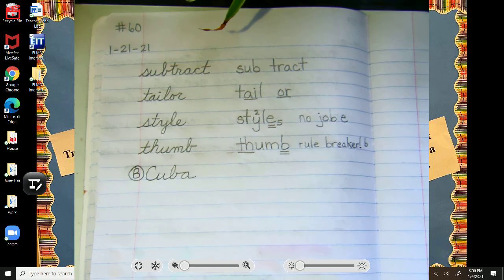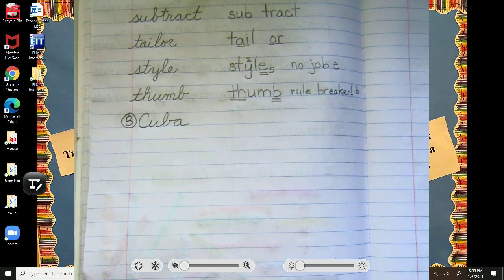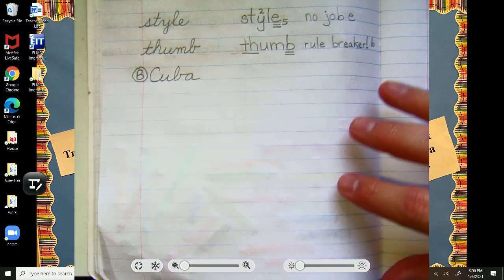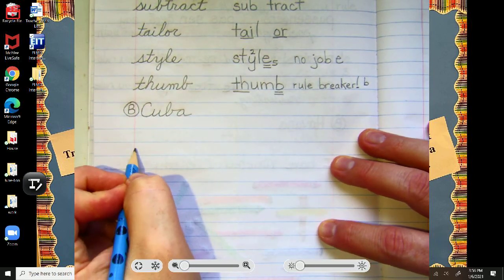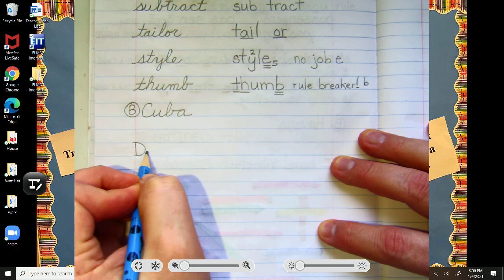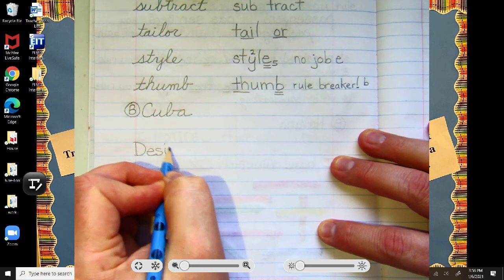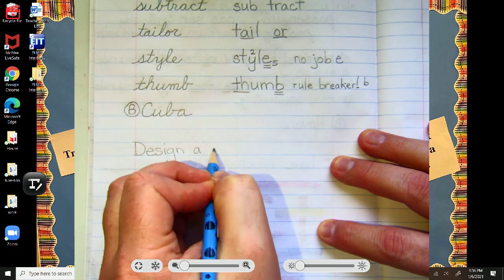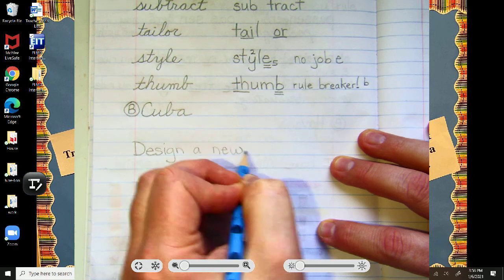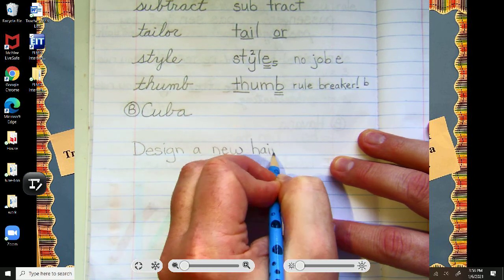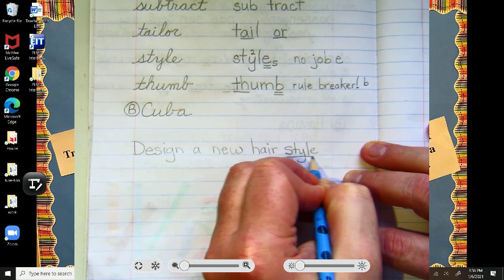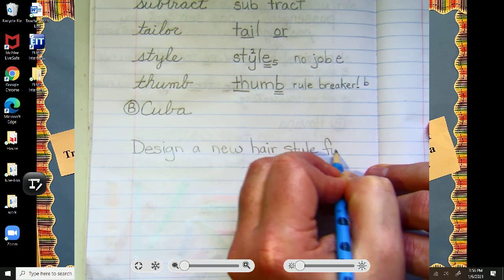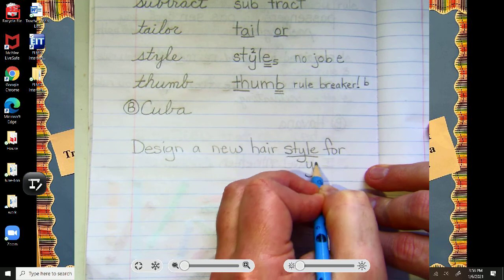All right, then if you would like to, for your own fun enrichment here at the bottom, you could design a new hairstyle for yourself.